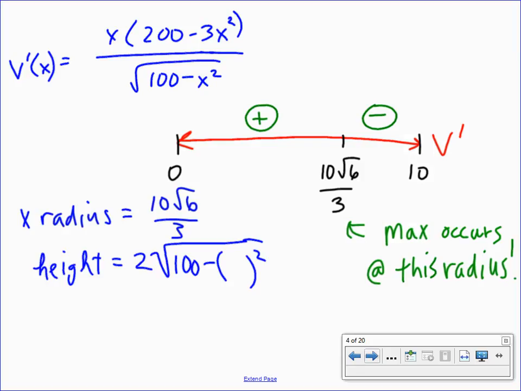Oh gosh, what's that squared? I know we can do it. That would be 100 times 6 is 600 divided by 3 is 66? Oh, I'll take 66 a lot better. That's good. So that's 2 root 34.